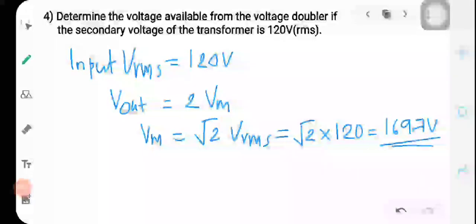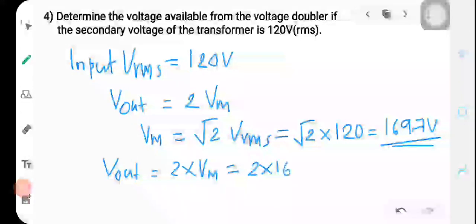You can also try it, 169.7 volt. Now V out will be 2 times this value, that is 2 into Vm, which is equal to 2 times 169.7 is equal to dash volt.